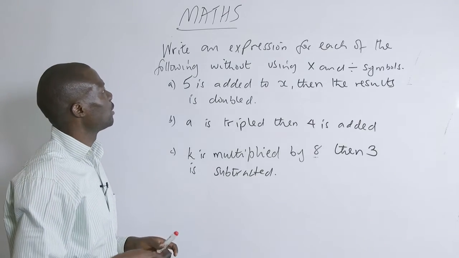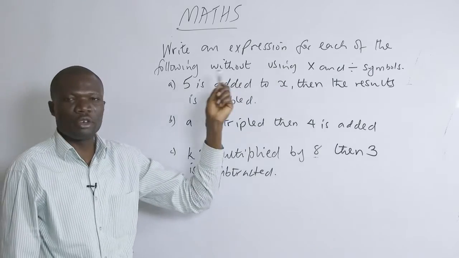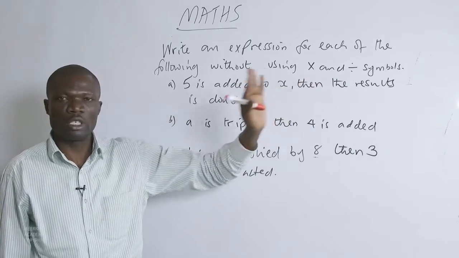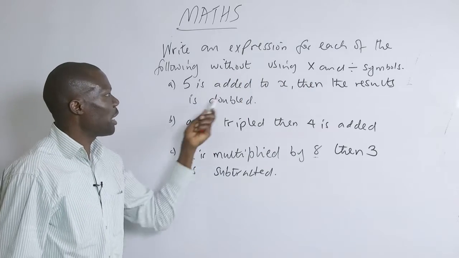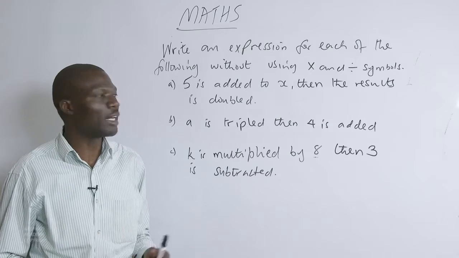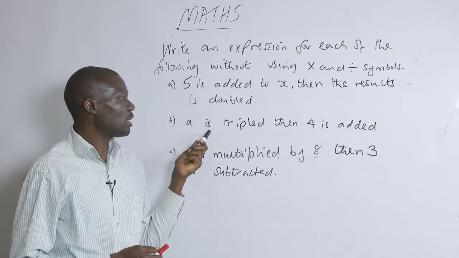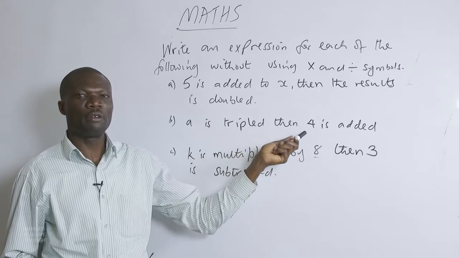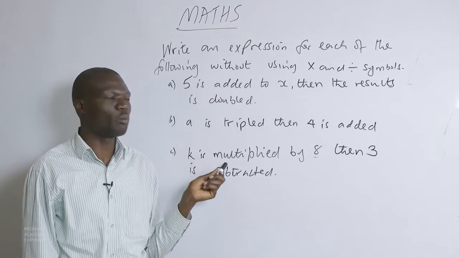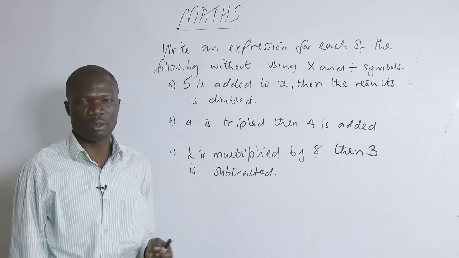So in this, write an expression for each of the following without using a multiplication symbol or a division symbol. A, 5 is added to x, then the result is doubled. B, A is tripled, then 4 is added. The third one, K is multiplied by 8, then 3 is subtracted.